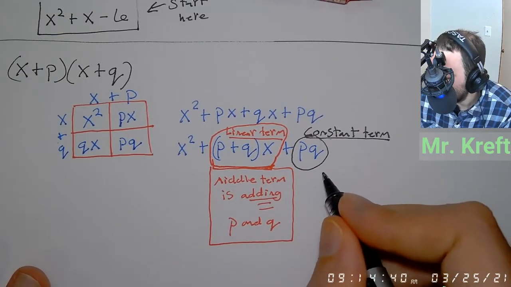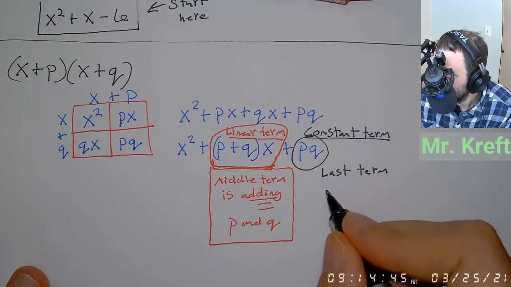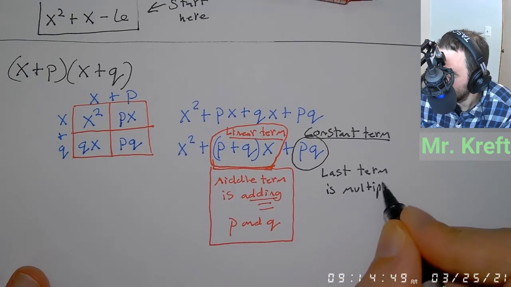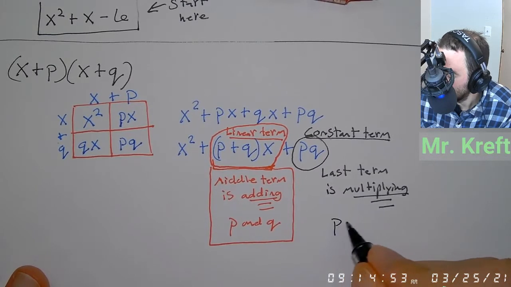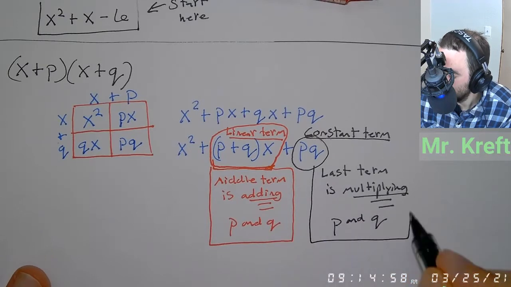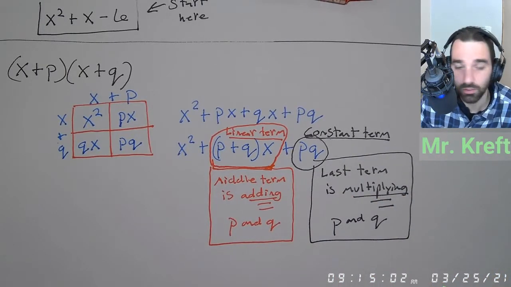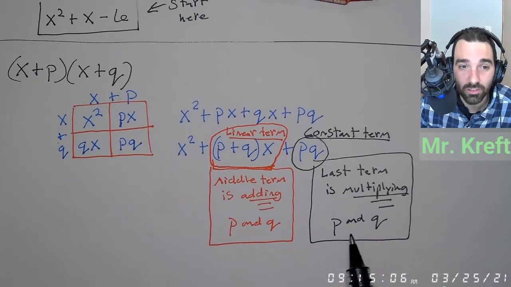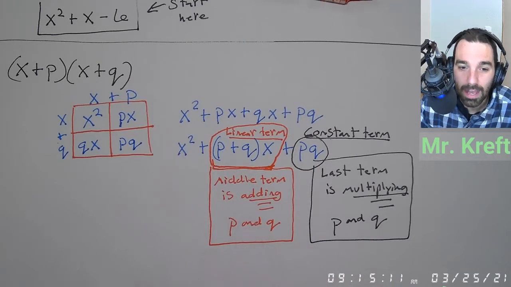Notice how this last term is multiplying p and q. And that's the pattern, guys. That's how we're going to do this. We're going to use the fact that this last term is just multiplying two numbers, and this middle term is the same two numbers but adding.